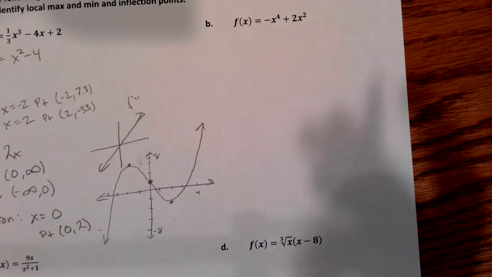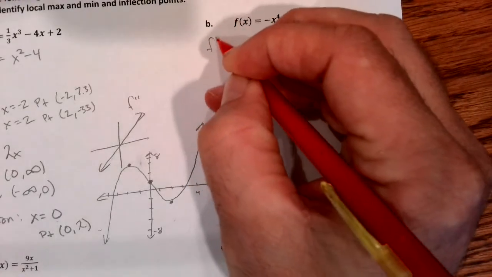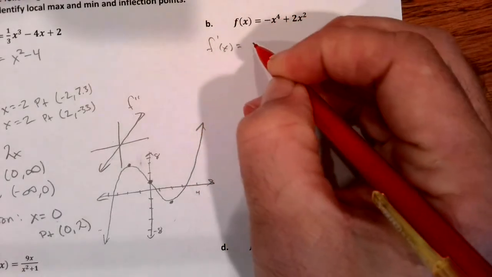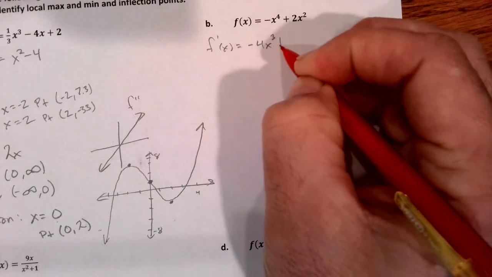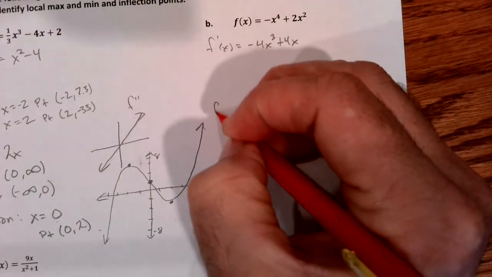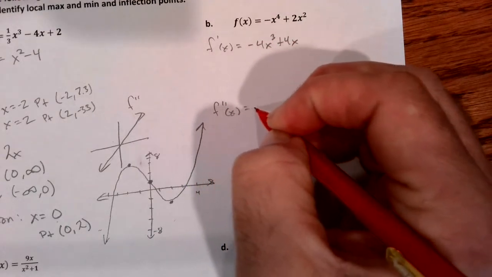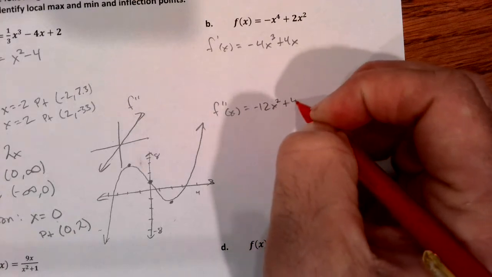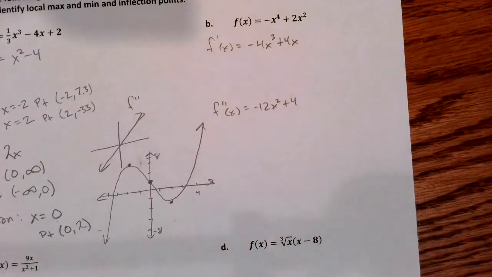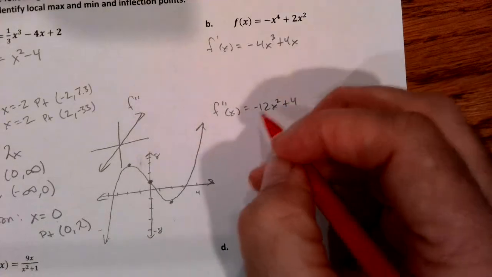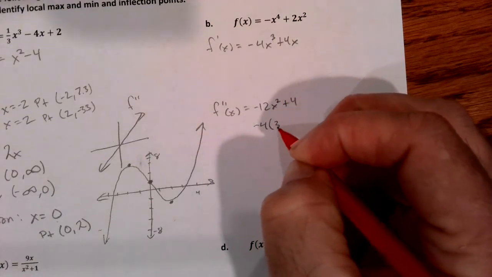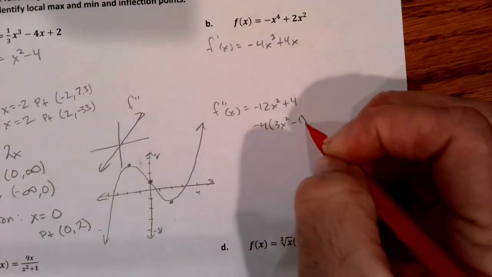I've only got 15 minutes for this video, so I'm going to try to keep good pace here. Negative 4x cubed plus 4x, that was the first derivative. So the second derivative is equal to negative 12x squared plus 4. If you factor out a negative 4, you get 3x squared minus 1.